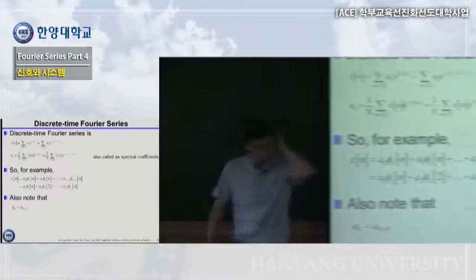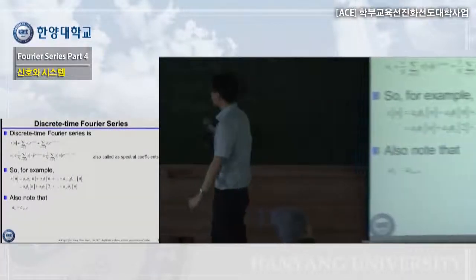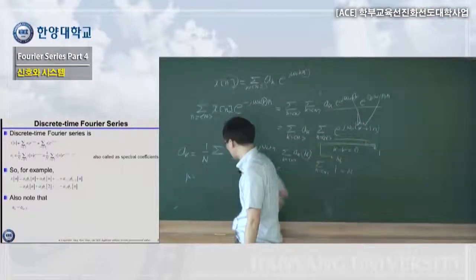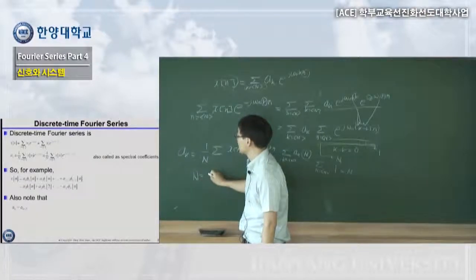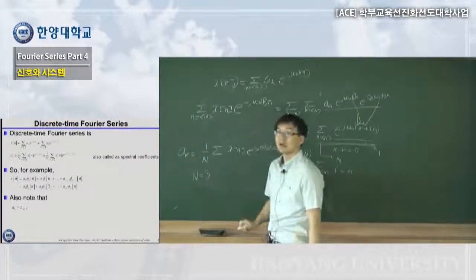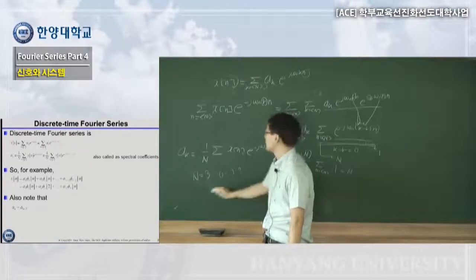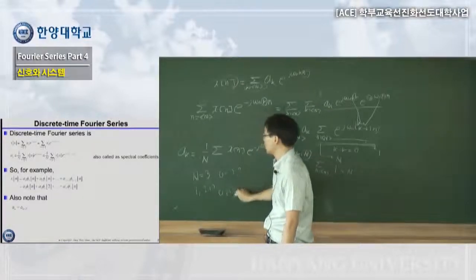So the question was, this N means, say, N is 3. Is it from 0 to 3 like this? No. We are talking about 1, 2, 3 or 0, 1, 2.